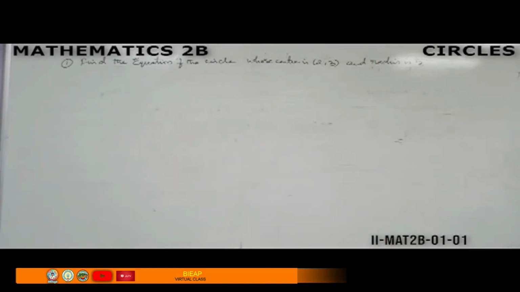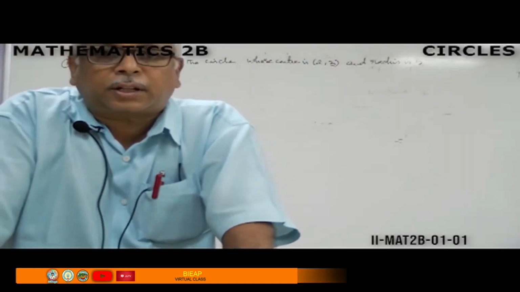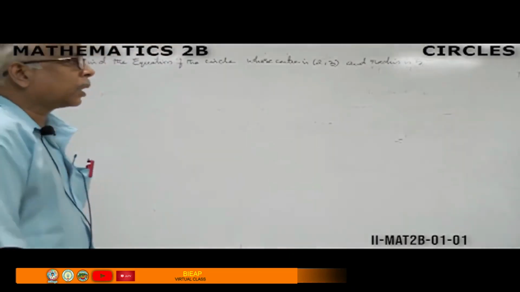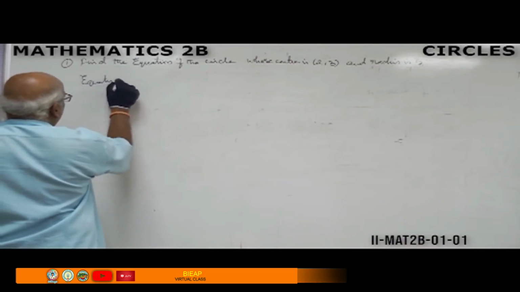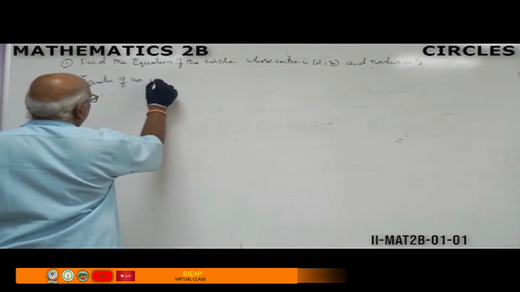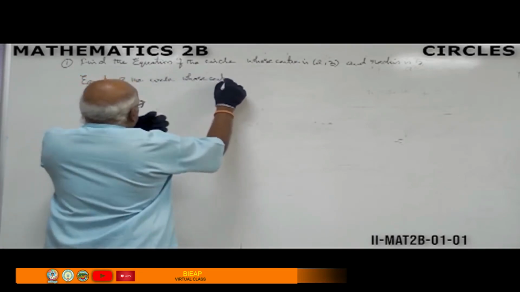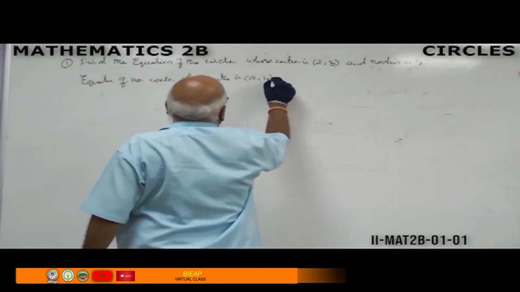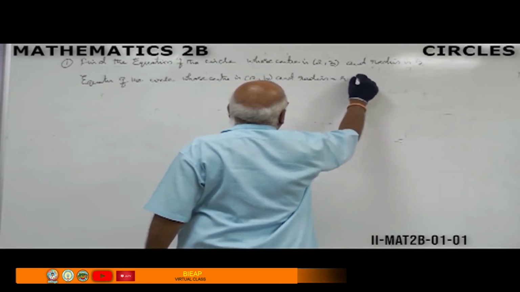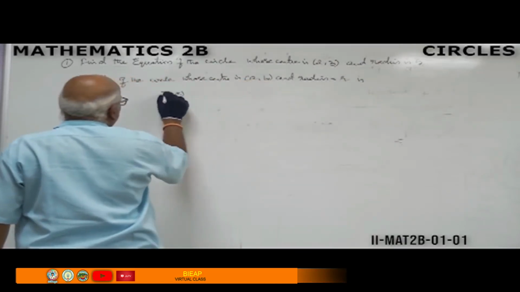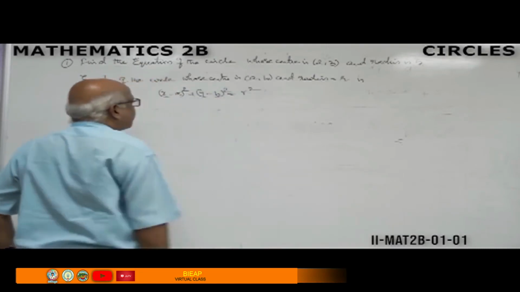So, you can answer this question. What is the formula for the equation of a circle when the center is (a, b) and radius is r? Let us write down the formula. The equation of the circle whose center is (a, b) and radius is r is (x minus a) whole square plus (y minus b) whole square equal to r square.